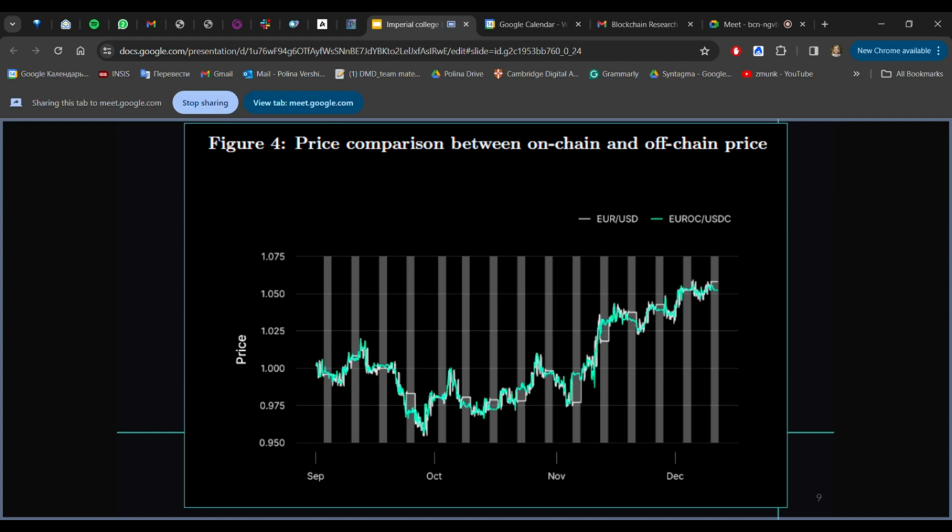And you can see in some moments, squares, especially in November, there is a big one, and it just shows that even though in general prices for the pair were more or less the same, there were certain moments on certain days when on-chain trades were better and more efficient in terms of determining the price.